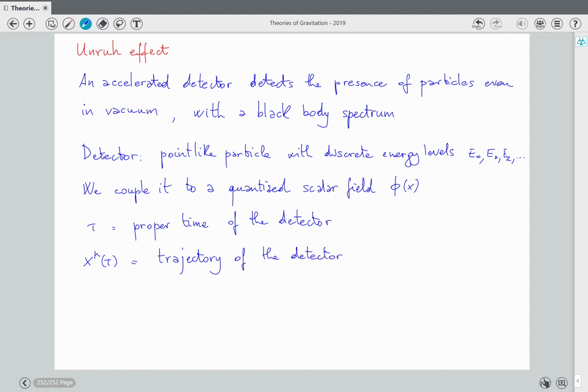And since it is accelerated, we will describe it by means of the hyperbolic motion that you know is the relativistic analog of the naturally accelerated motion. We will give the explicit formulas later, but that is its trajectory.